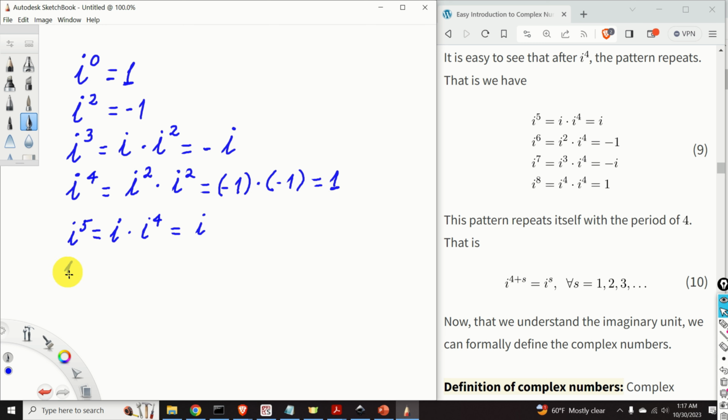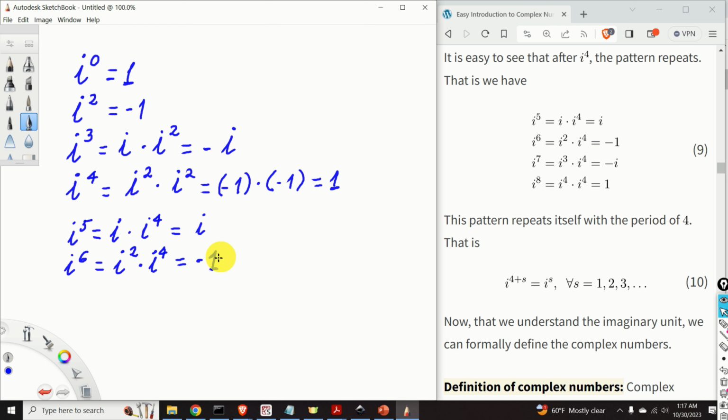Perfect. How about i to the power 6? Obviously, this is equal to i to the power 2 multiplying i to the power 4, and since i to the power 2 is equal to -1 and i to the power 4 is equal to 1, this expression is equal to -1.